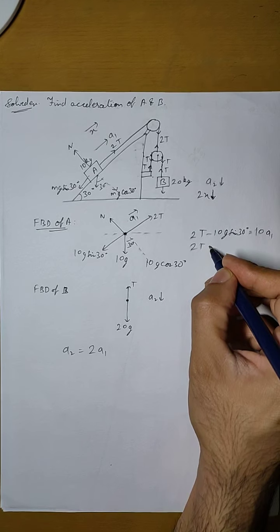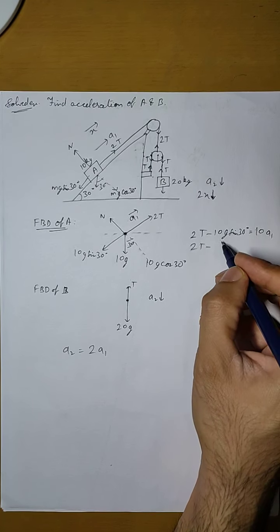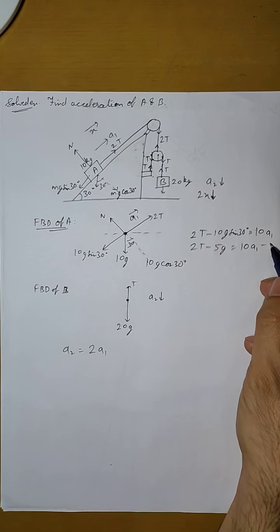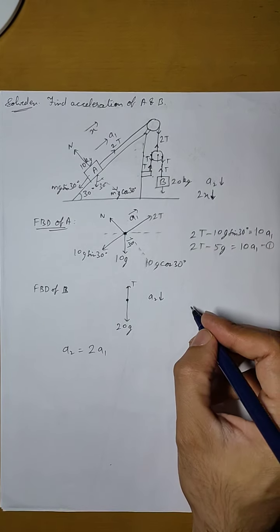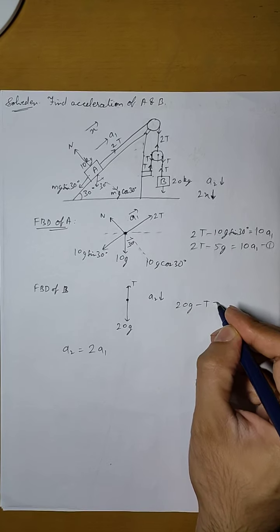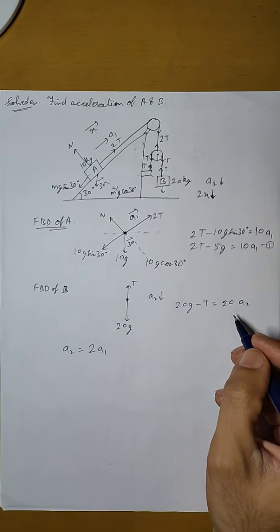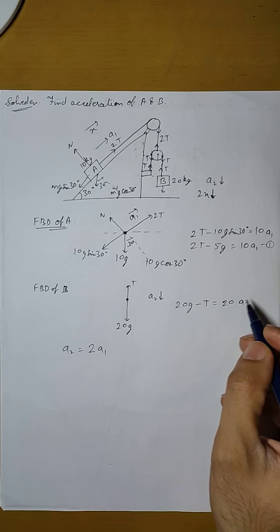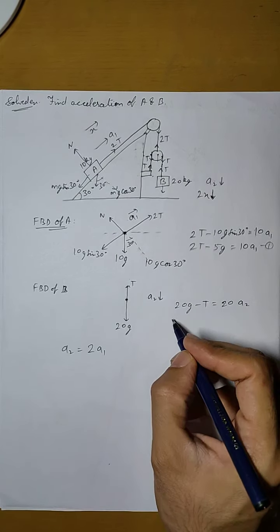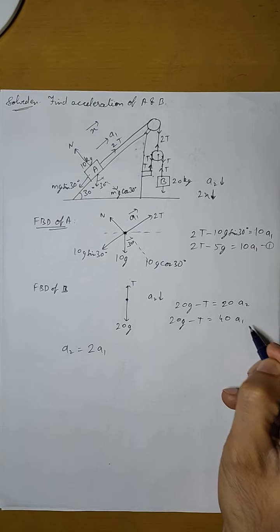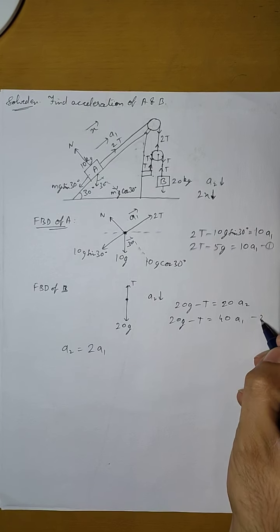So it will be 2T minus, sin 30 is 1/2, 5g equals 10a1. Let us say this is equation 1. For this, 20g minus T equals 20a2. Since a2 is 2a1, we can write 20g minus T equals 40a1. This will be our equation 2.